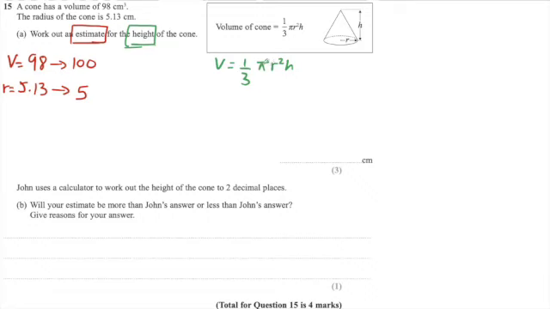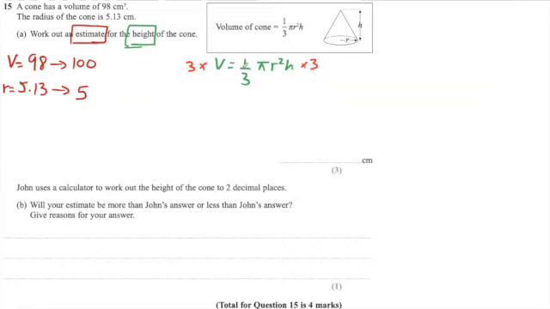There's a pi in the numerator, and r squared is also in the numerator. So we want to get rid of 3, pi and r squared. That will leave us with h by itself. Let's get rid of 3 first. To get rid of 3, we need to times both sides by 3, because 3 is being divided, so we need to do the opposite operation.